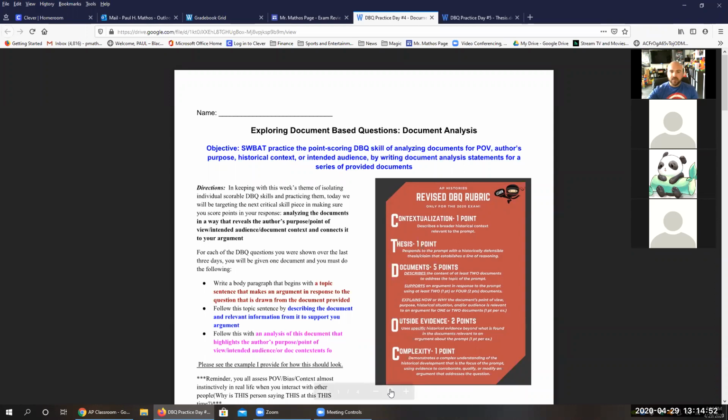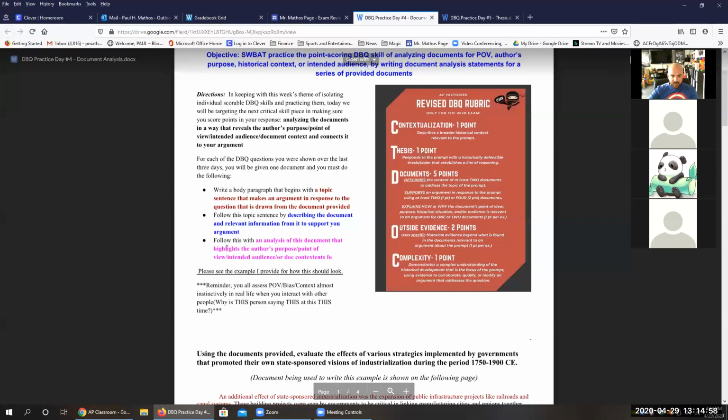Okay, if you look down here on the document analysis sheet, this is kind of what your process should be. After you go into your body paragraphs where you've organized which documents 1, 2, and 3 support a particular part of your argument, you start that first paragraph with a topic sentence. It makes an argument in response to the prompt, okay? The next thing you do is go into the documents that support that topic and your argument. So you describe the document and the relevant information that supports your argument.